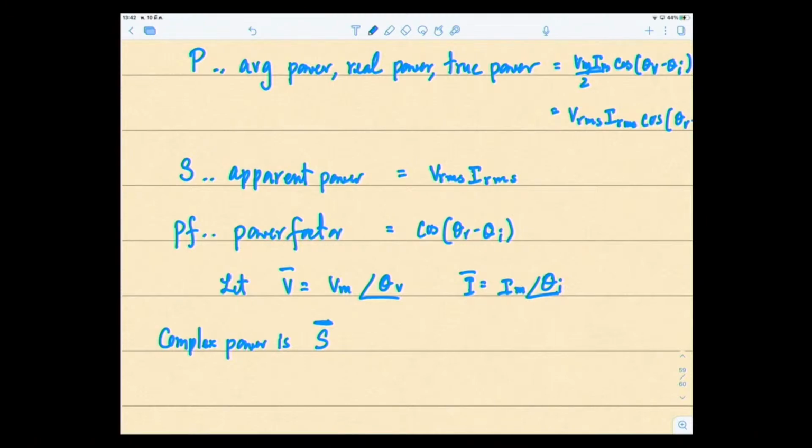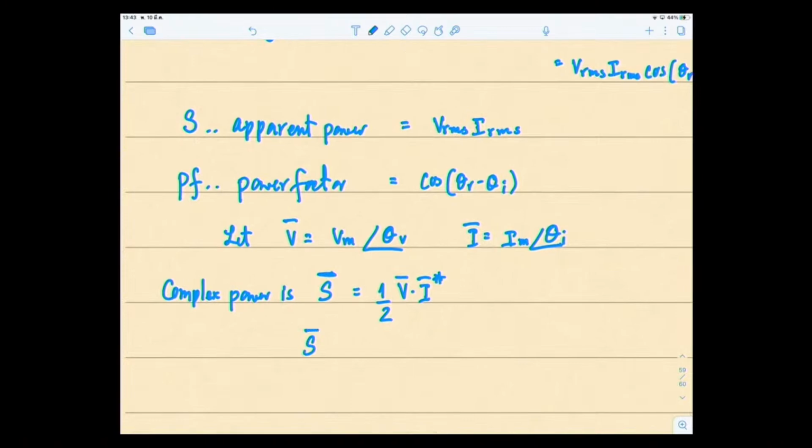Complex power S is equal to a half phasor V times phasor I conjugate. Or in terms of RMS values, it's equal to phasor V in RMS values multiplied by phasor I in RMS values conjugate.